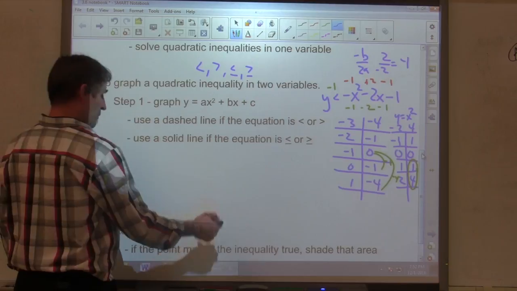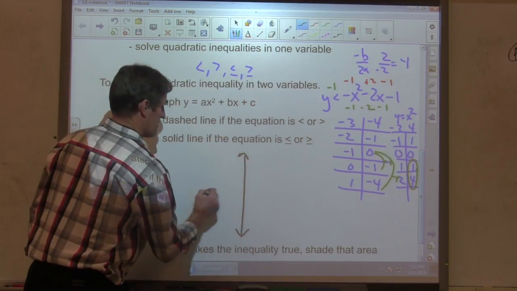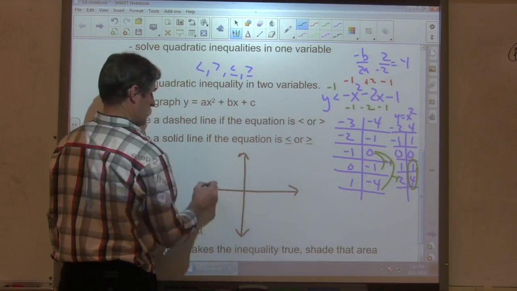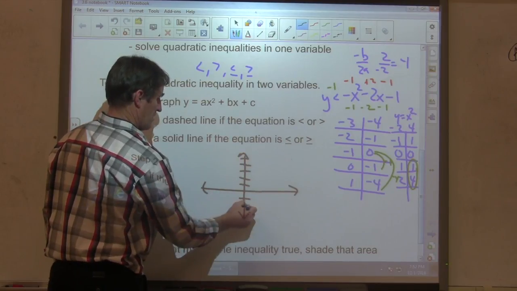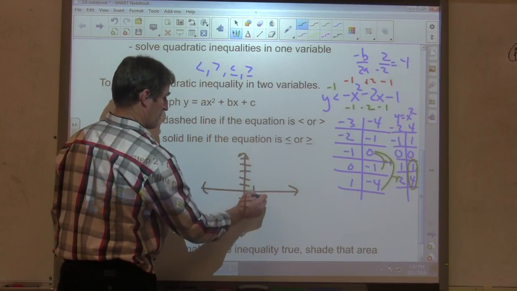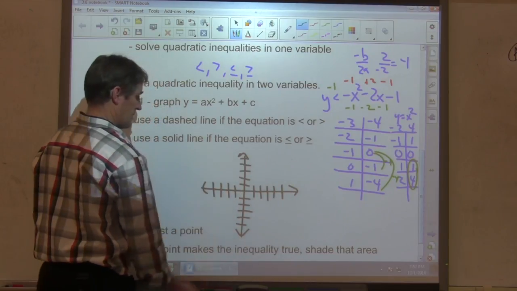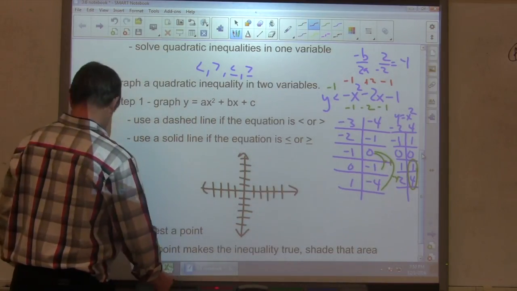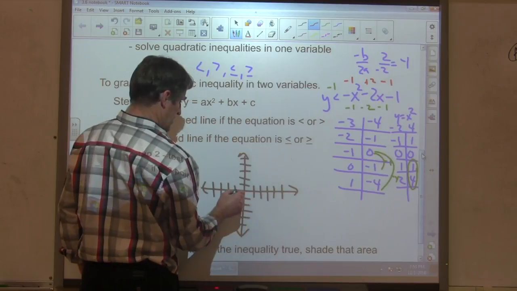So when we graph this, at negative 1, we're at 0.